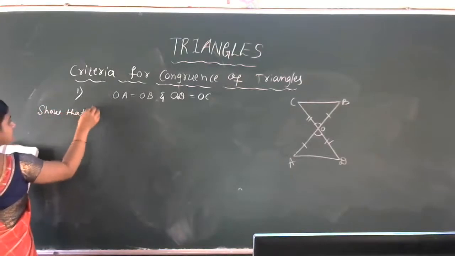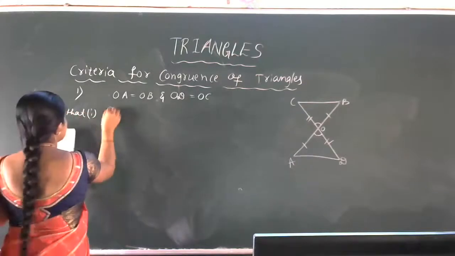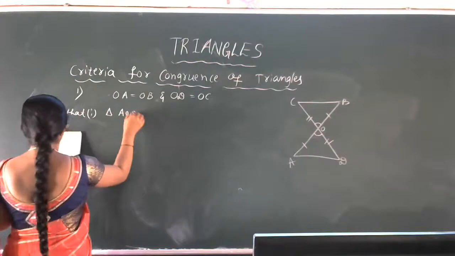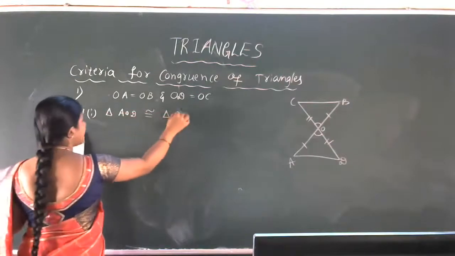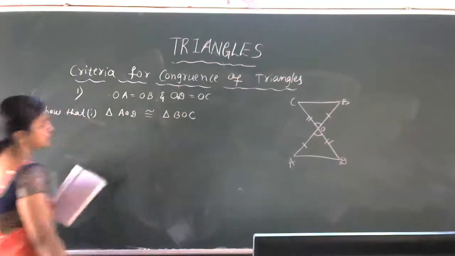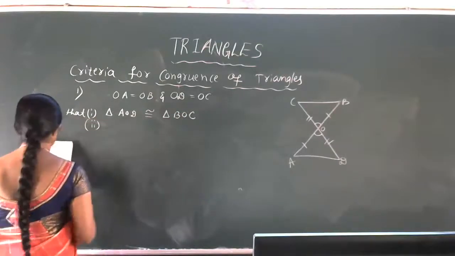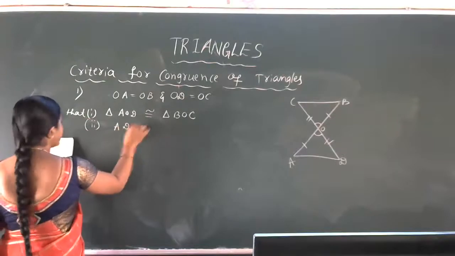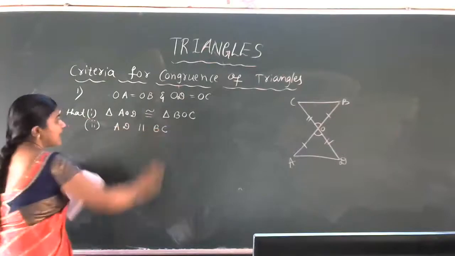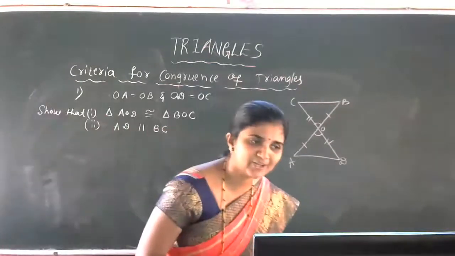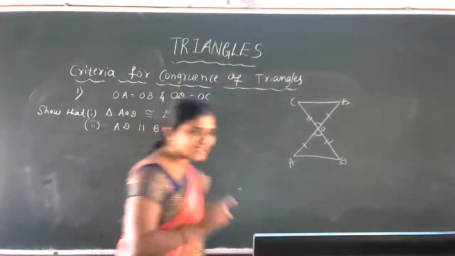First, show that triangle AOD is congruent to triangle BOC. Next, second one, show that AD is parallel to BC. Got the idea of the question now?